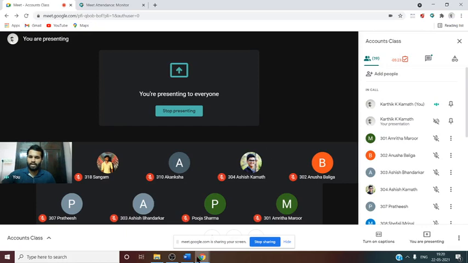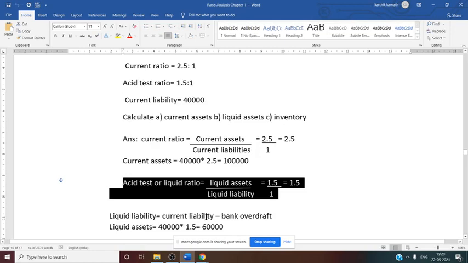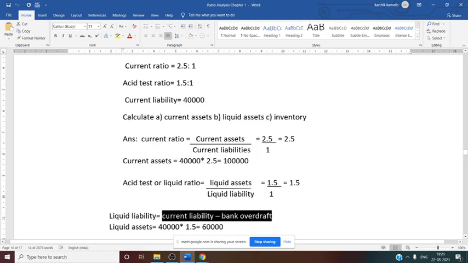If there is a bank overdraft, you deduct it from current liability to get the liquid liability. So liquid liability is equal to current liability minus bank overdraft.